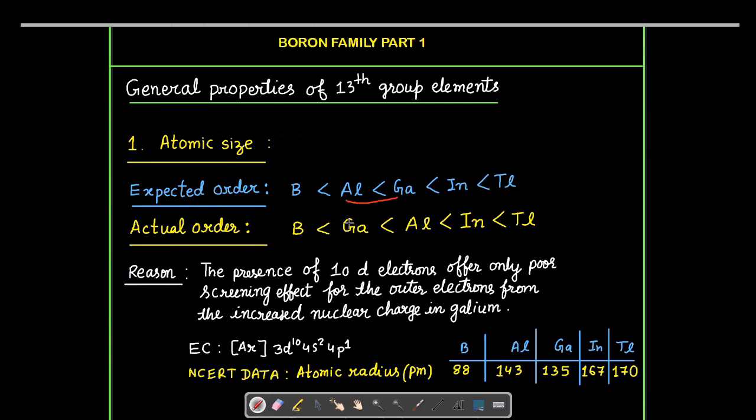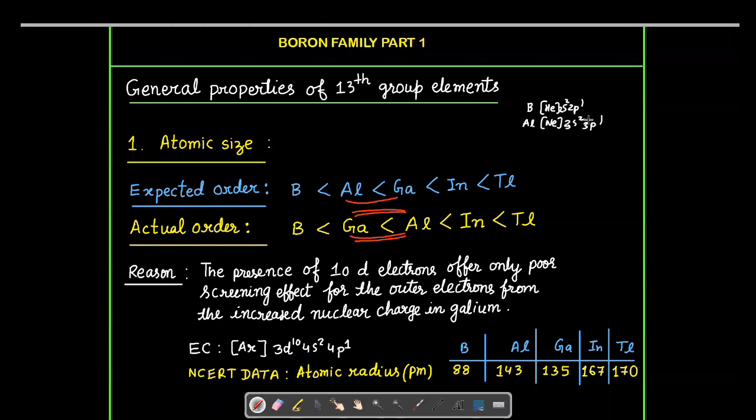The atomic radius of aluminium is greater than that of gallium. This exchange can be explained when we write the electronic configuration. For boron, it can be written as helium 2s2 2p1. For aluminium, neon 3s2 3p1.